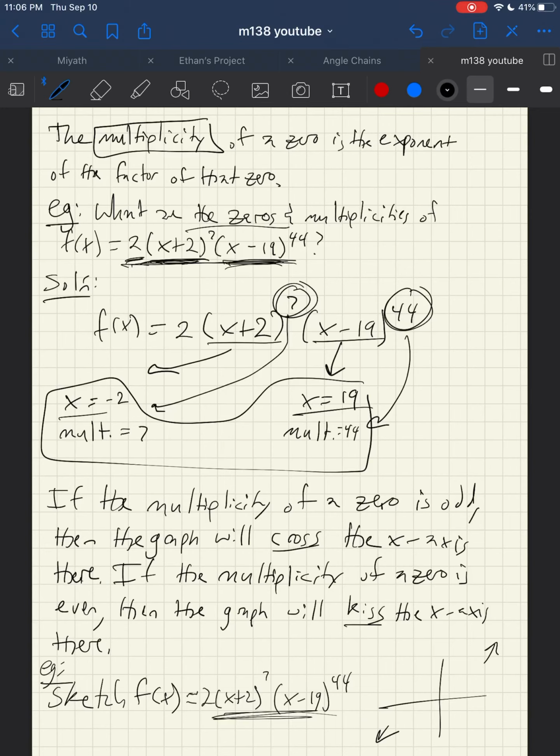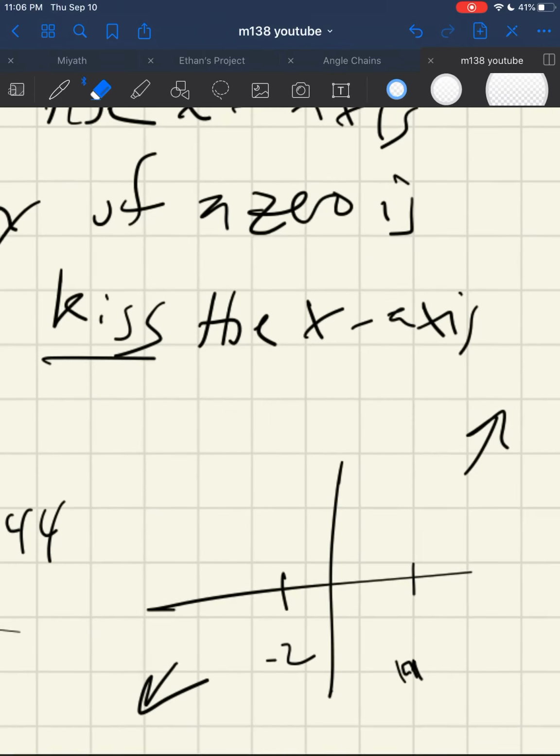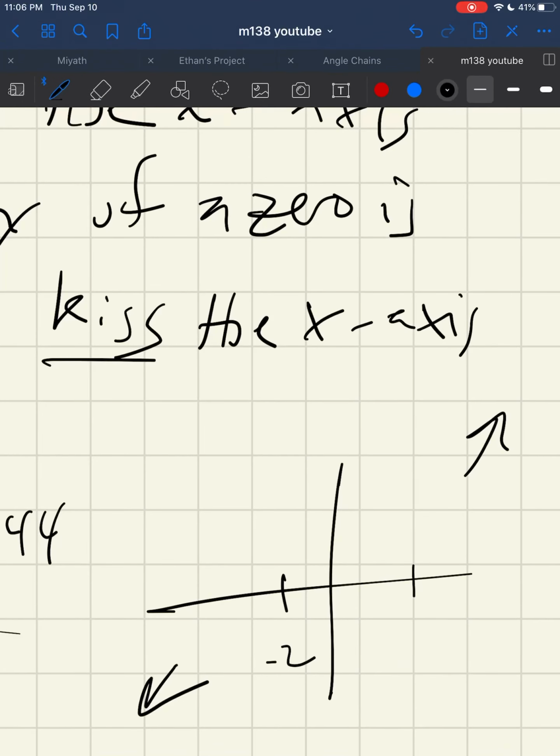So we're going to end up coming up from the left, or going down as we go off to the left, however you want to think of it. And we've got a 0 here at negative 2, and we've got a 0 here at 19. So now the question is, what happens in between?